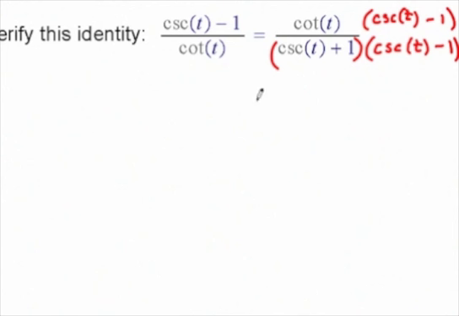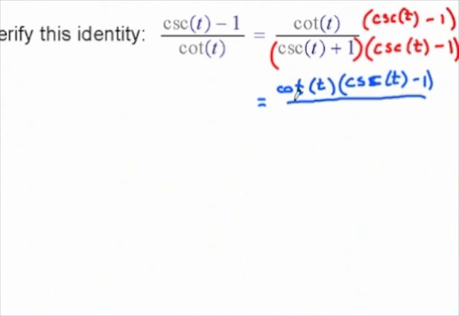So this is going to equal, and I'm going to leave the top alone, cotangent of t times cosecant of t minus 1 all over, and then when we multiply this out, it's going to become cosecant squared t minus 1, because they are a difference of perfect squares.